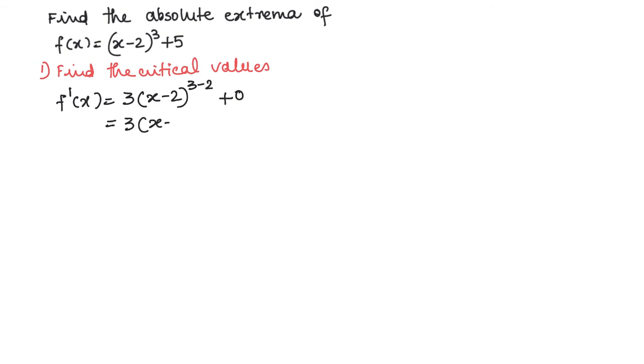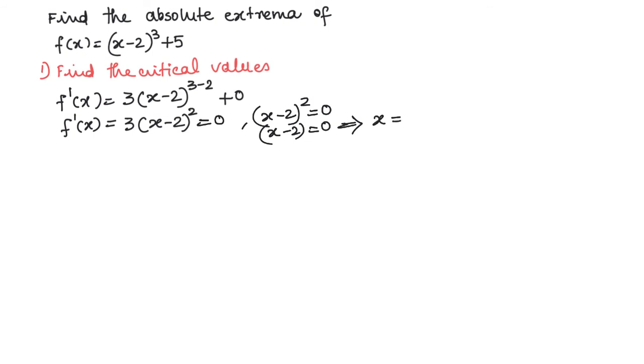So 3 times (x minus 2) squared, that is f prime of x. Now set this equal to 0 and solve. So (x minus 2) squared equals 0, that is x minus 2 equals 0, so x equals 2, right? So this is the only critical value.